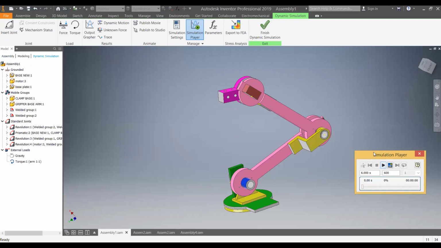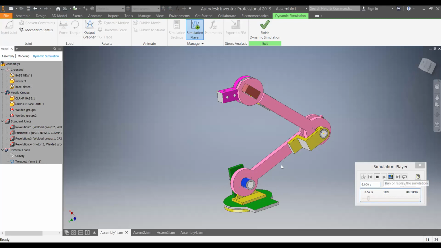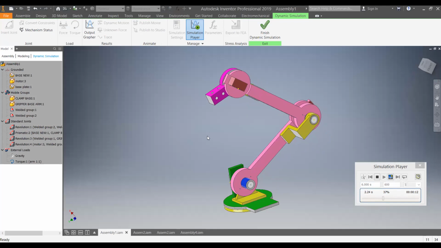Just observe the rotational effect of that moment. Right now we are applying the moment in the anti-clockwise direction at the joint, so the complete arm will rotate in the anti-clockwise direction.